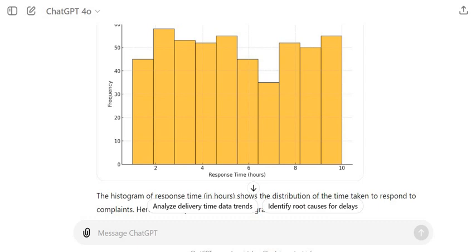So as we can see here, although most of our complaints are responded to in a relatively short time, some complaints are not, and the response time goes up to 10 hours, which is really a long time. So we should look into that, try to reduce its spread, and create a standard.